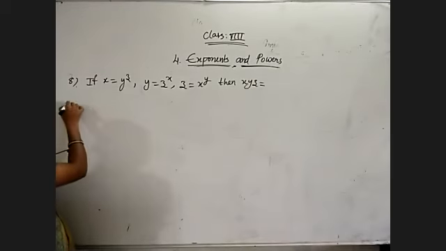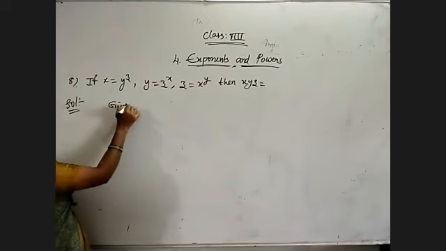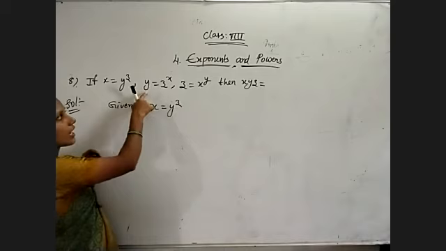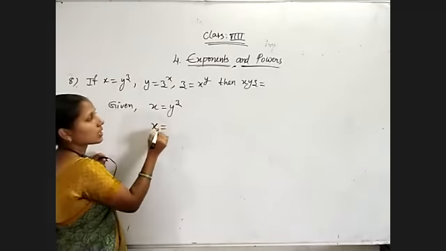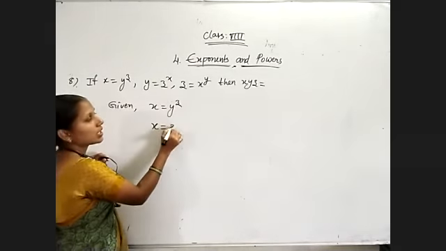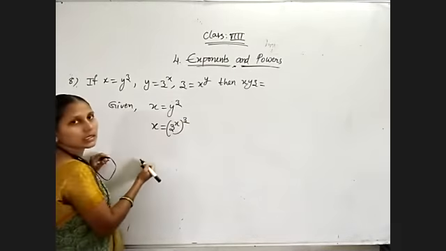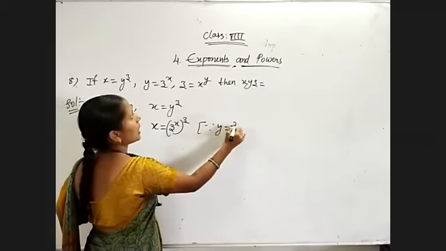Okay, observe the relations. Given x is equal to y to the power of z, and y is given as z to the power of x. So I am using x is equal to, substituting the y value here, z power x whole power z, since we have y is equal to z power x.